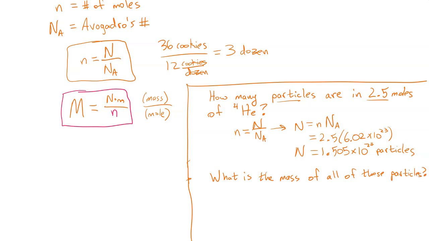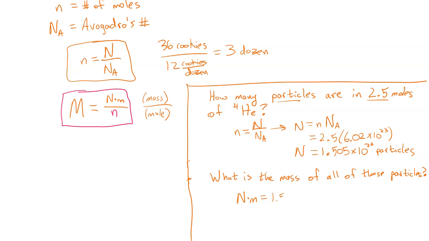Well, you have to kind of build it. Now that we know how many particles there are, if we knew the mass of one particle, then we could just multiply the mass of one particle times the number of particles. So that would be capital N times little m. And you could calculate how much mass there is.